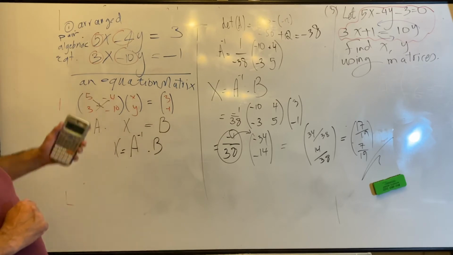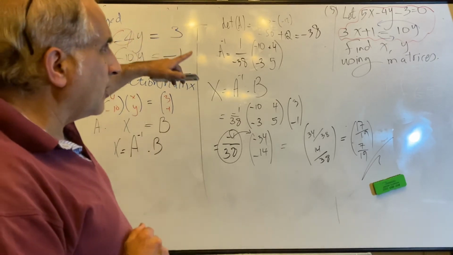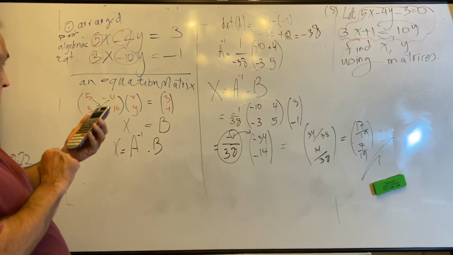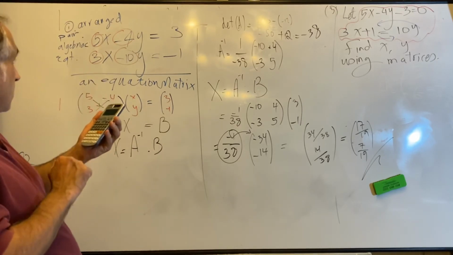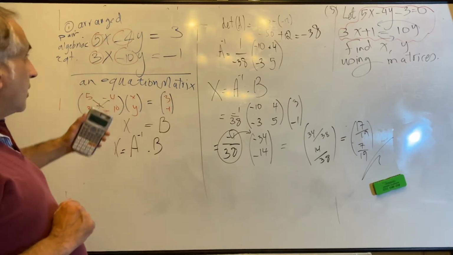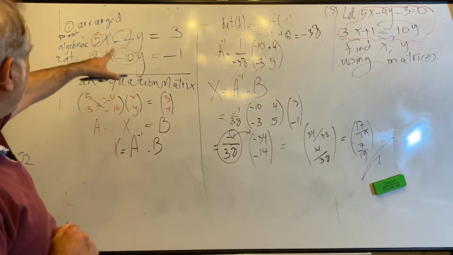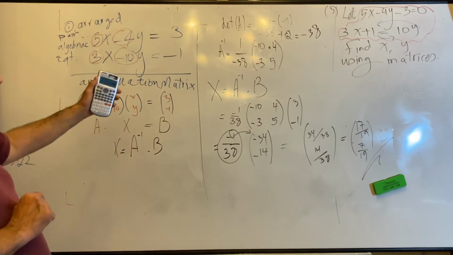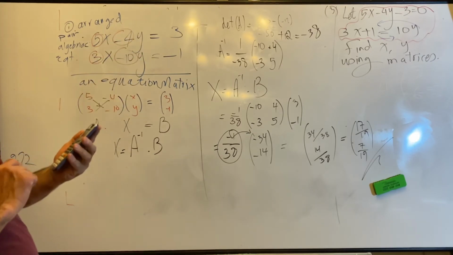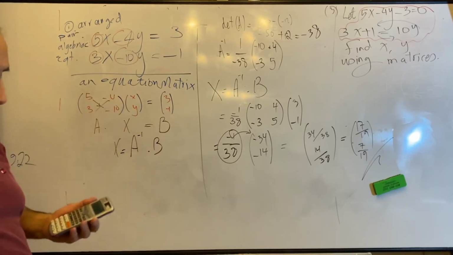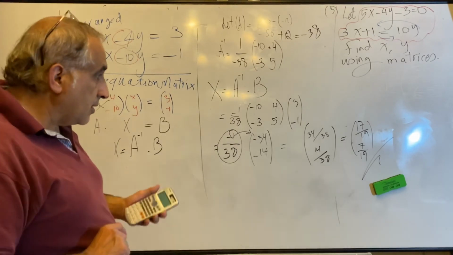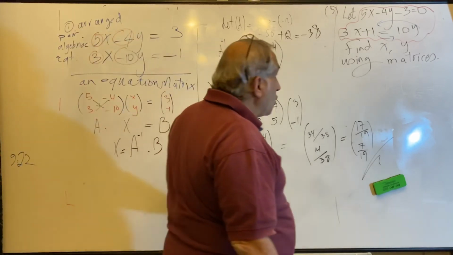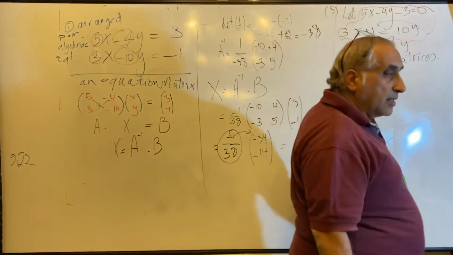Let's find out why. My question was 5, 4 and 3. Let's do it again: 5, negative 4, and 3, and the other one, 3, minus 10, and put the one over there, negative 1. Oh, this time it's right. Sometimes we enter numbers wrong to check. Sometimes we copy questions wrong.